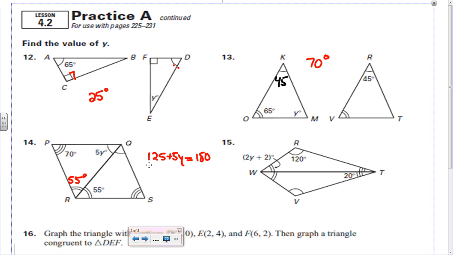Now you just subtract 125. You get 5y equals 55. Divide by 5. You get y equals 11.